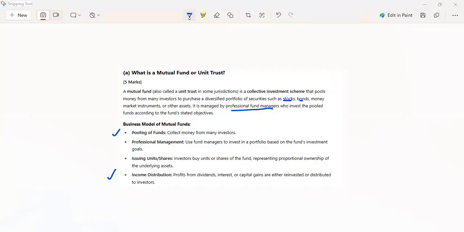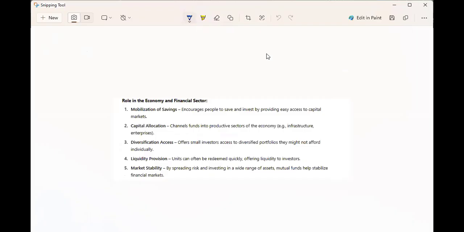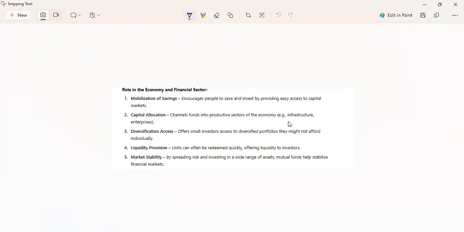What role does it play in the financial sector and in the economy? It plays significant roles. Number one, it helps in the mobilization of funds. It encourages people to save and invest money by providing easy access to capital markets. It also channels funds to productive sectors of the economy, such as infrastructure.